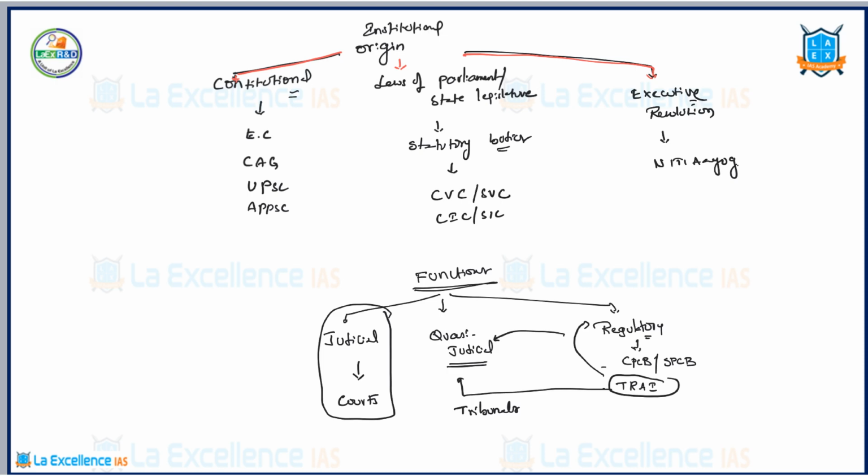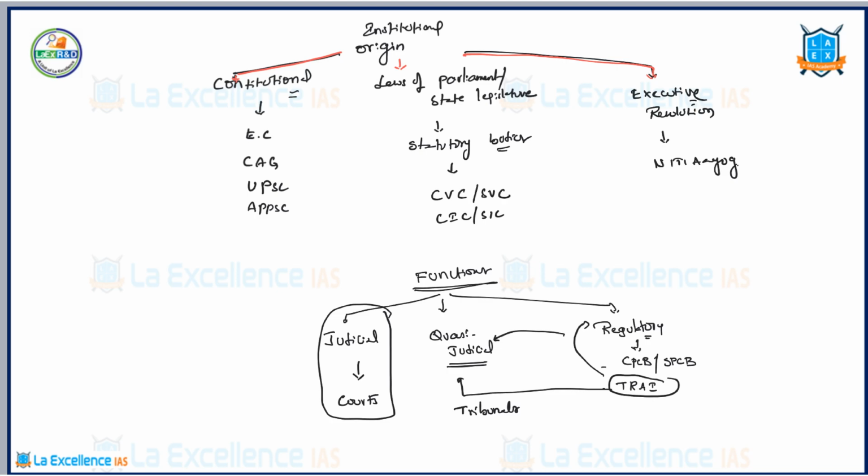Finally, we had challenges these institutions are facing. And further to that, we have elections, where we speak about political parties, election procedures, and the laws governing the elections in India, which is related to the Representation of the People Act.